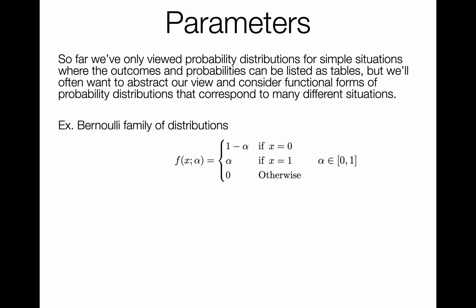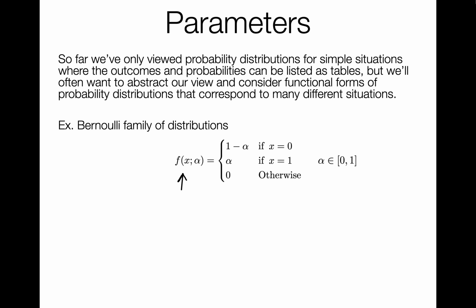So how do we describe a Bernoulli distribution with a functional form? We do it in this way, and this has to do with parameters. We have the function f, and this is, of course, a piecewise function. This is the PMF, remember.